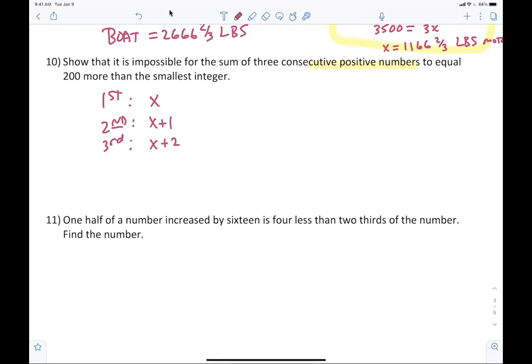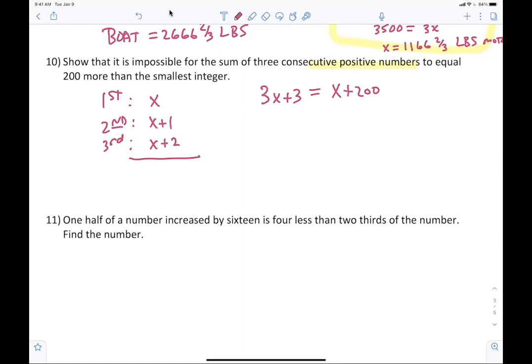So it says, show that the sum. So what does the sum equal here? 3X plus 3. Come on now. If you can't look at that and say 3X plus 3, just tell me. Anybody have a problem with the sum being 3X plus 3? Is equal to X plus 200. Thank you.